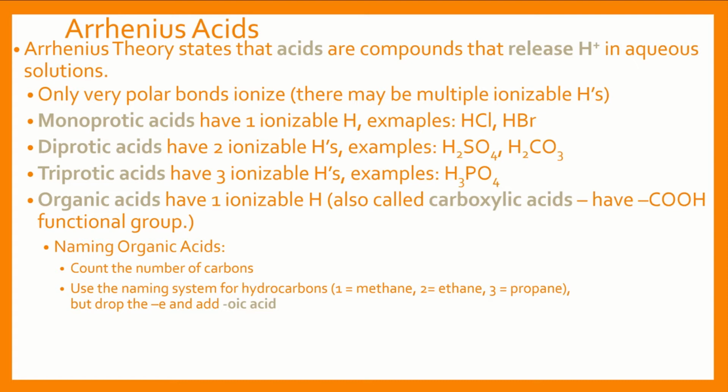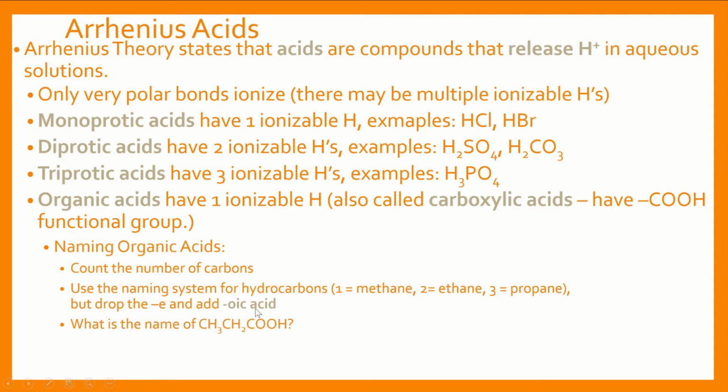Hopefully you remember these, or if not, go back and look at the notes from organic chemistry during first semester. But in order to signify we're not just working with a chain of carbons, we drop the E at the end. Notice that they all have an E. We drop the E, and we add oic acid.